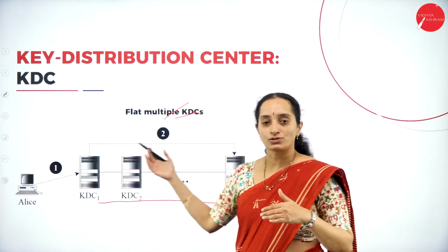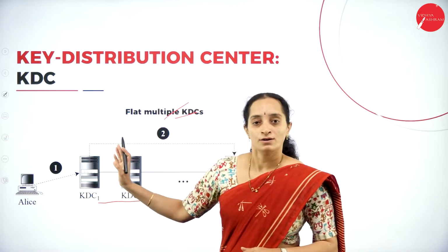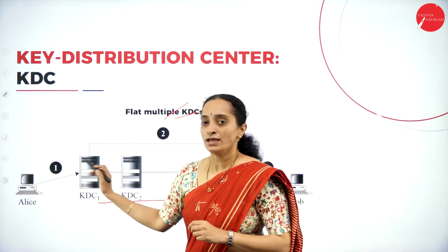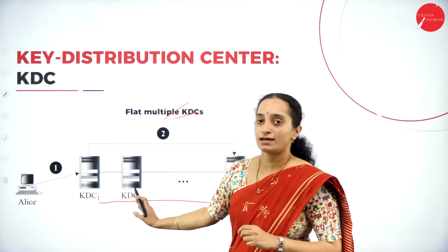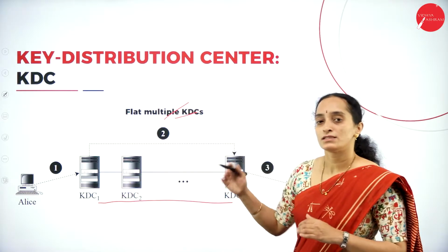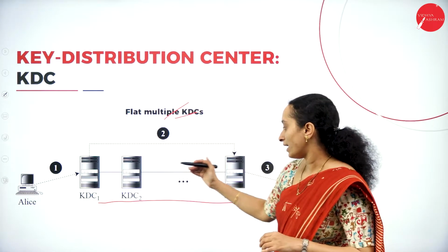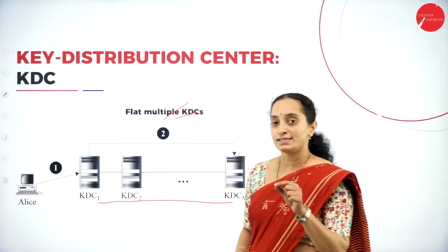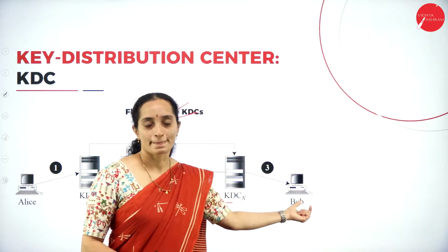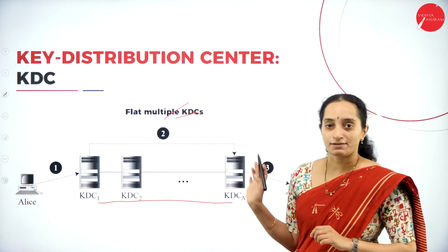Whenever Alice wants to send a message to Bob, Alice sends a request to the connected KDC with which a secret key is shared. Okay. This KDC sends the request to another KDC which is inline. They are synchronous and linear in operation. Like this, it reaches the KDC which has the secret key of Bob. When there is a request, it sends the request to the receiver.